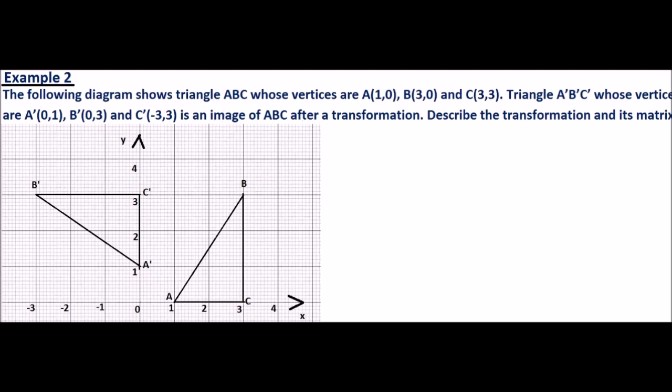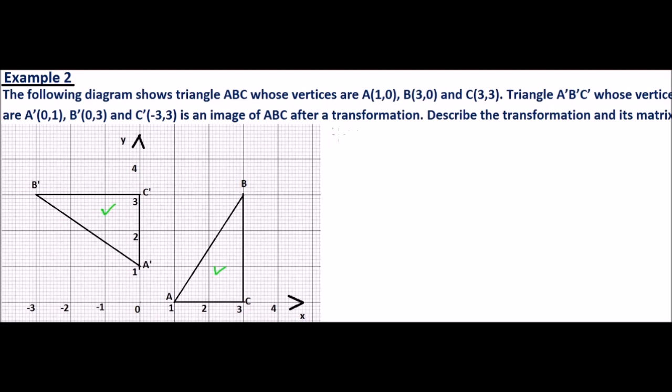So the first thing we do is we observe our two diagrams. This is the object, and this is the image. If you look, A has been transformed from this point, that is 1, 0, to 0, 1. You can see that this is a rotation. The same case applies to B. It has been rotated through a positive 90 degrees.